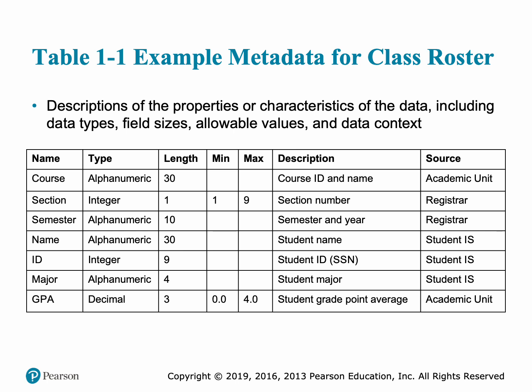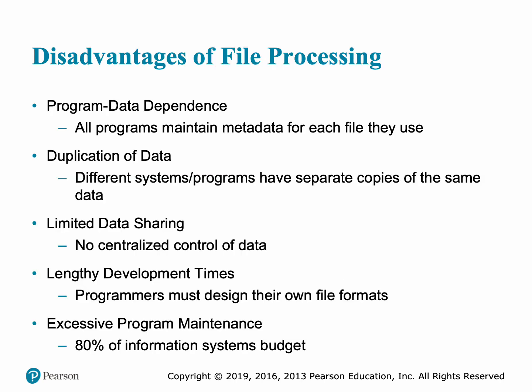So you can see there is a name, type, length, min, max, description, source. There's a course that is alphanumeric, length 30, course ID and name, academic unit, and the list goes on. Let's see what we have in the next slide for us to go through.